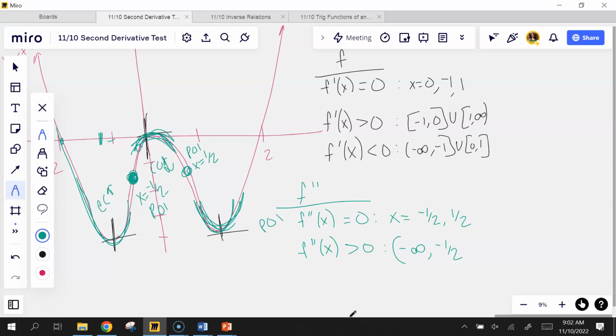Back to exclusive. And then from what? 1/2 to infinity. How about negative?